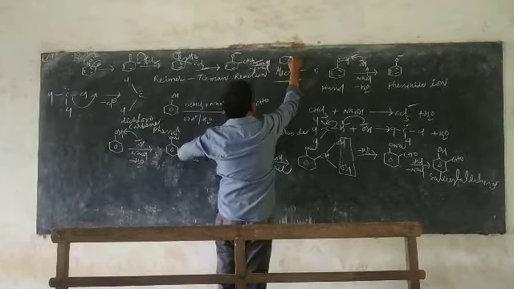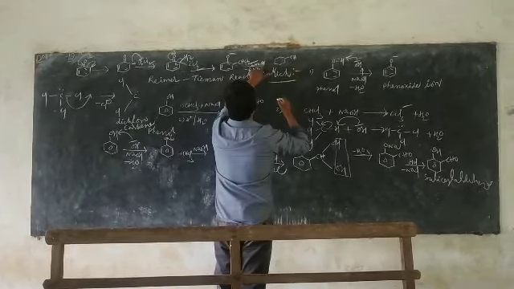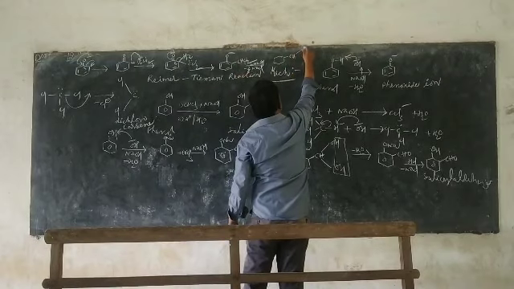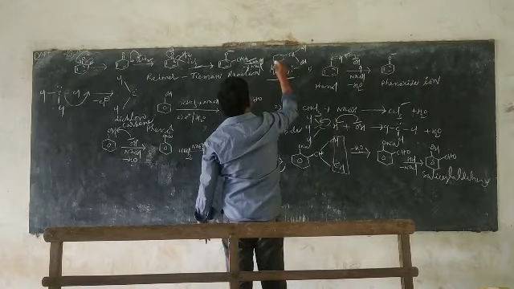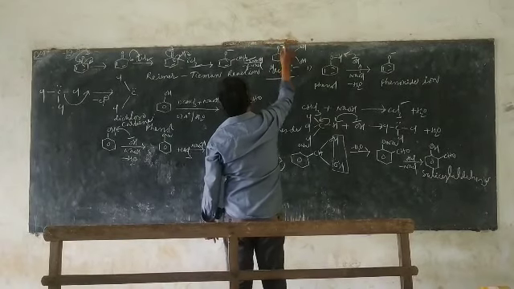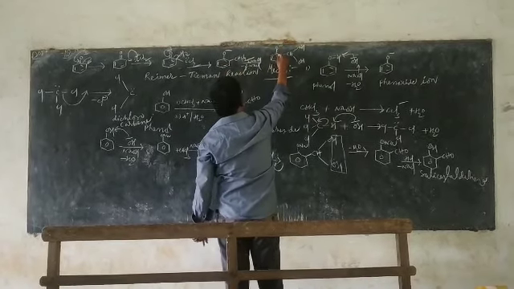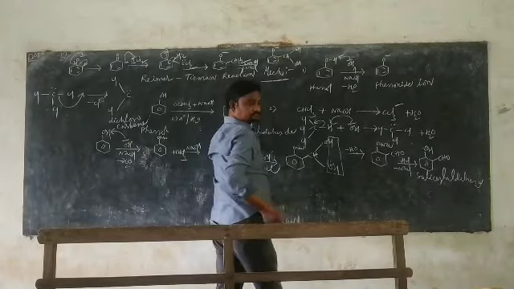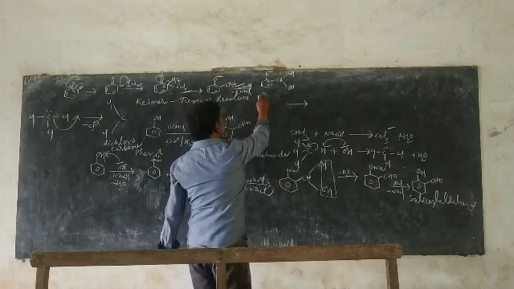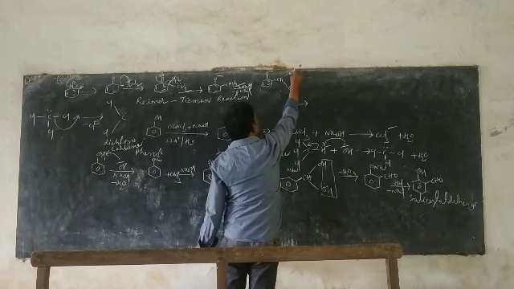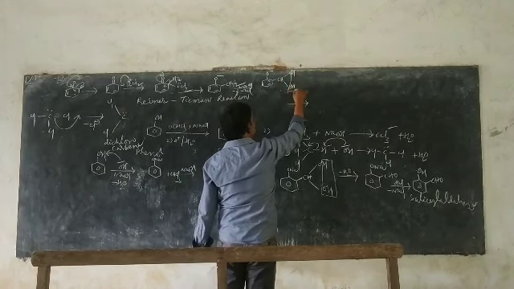So CH with two hydroxyl groups, OH, and O minus as usual with the pi bonds. This form is unstable and eliminates an H2O molecule.